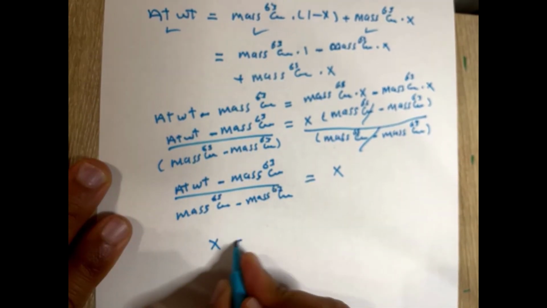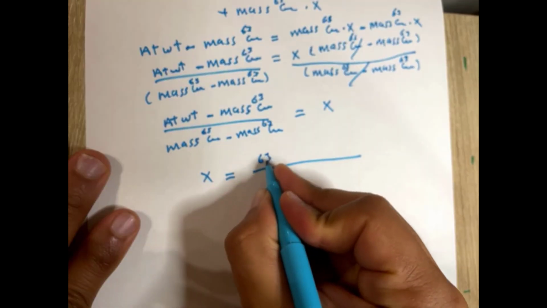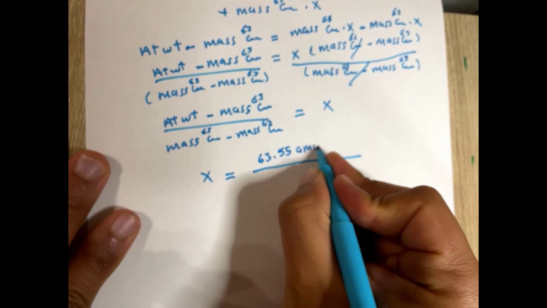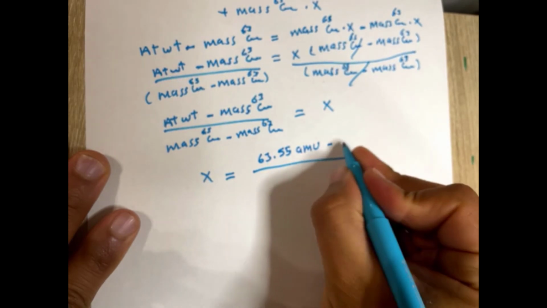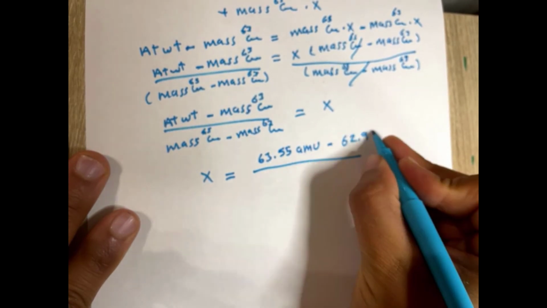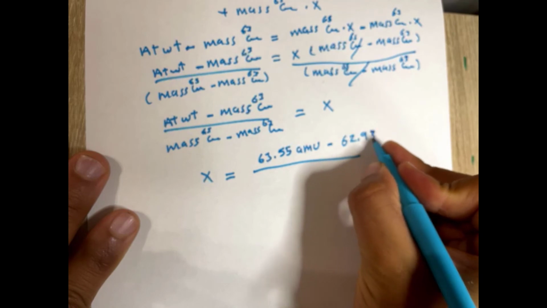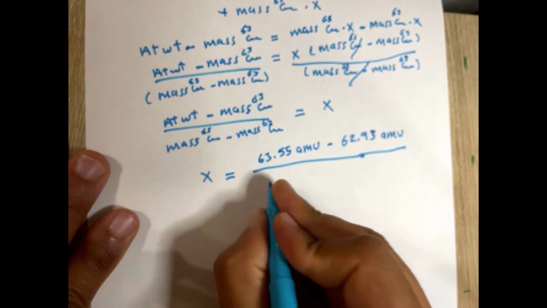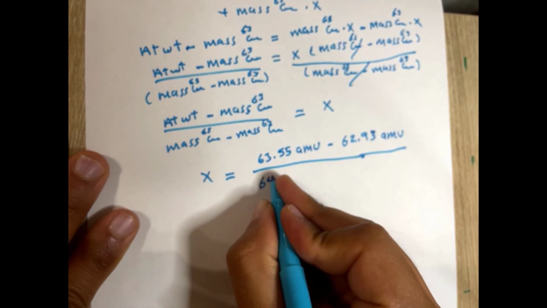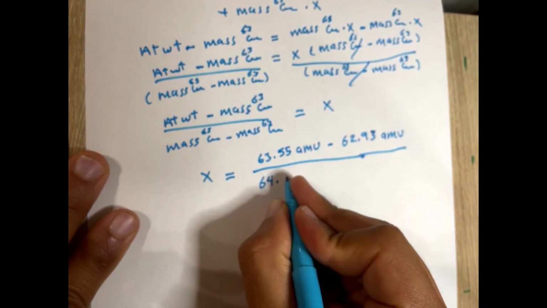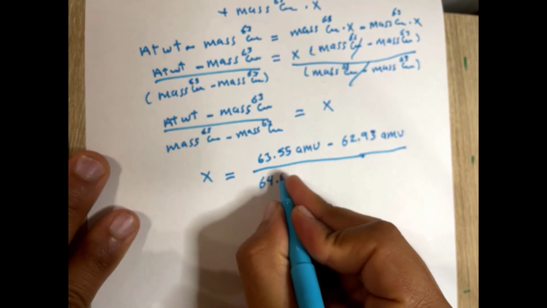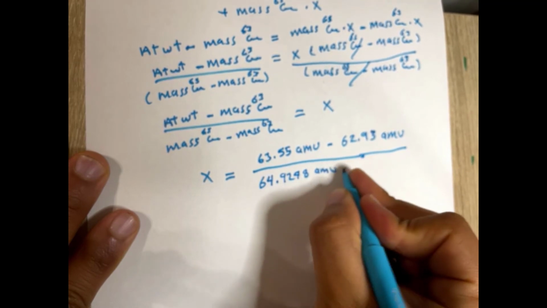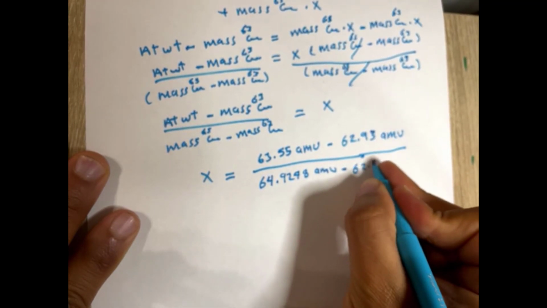Atomic weight is 63.55 AMU minus the mass of isotope 63, which is 62.93 AMU, divided by mass of isotope 65, which is 64.9278 AMU, minus the mass of isotope 63, which is again 62.93 AMU.